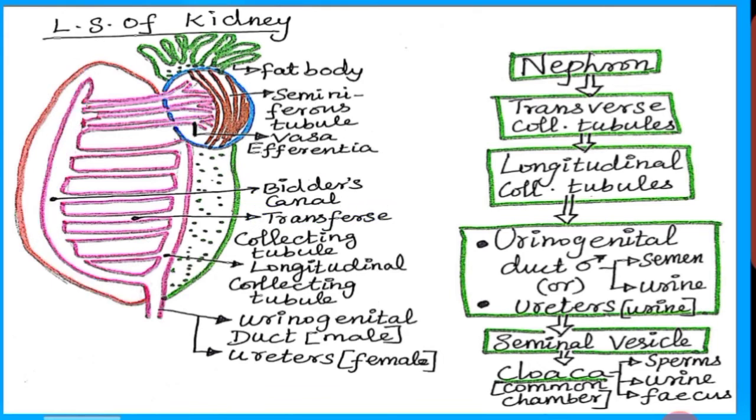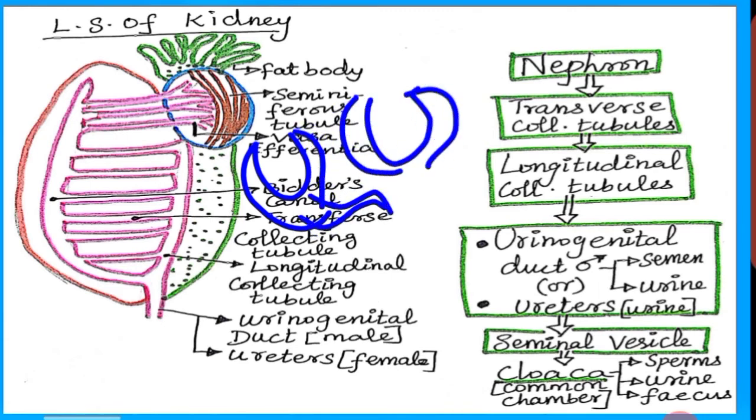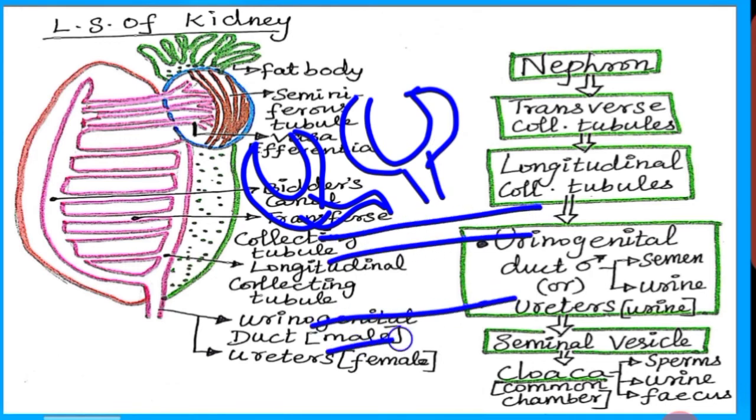So the semen which carries the sperm transfers through the vasa efferentia, then travels through Bidder's canal, then reaches the urinogenital duct. Right? What about the urine? Numerous coiled nephrons open into a transverse collecting tubule.